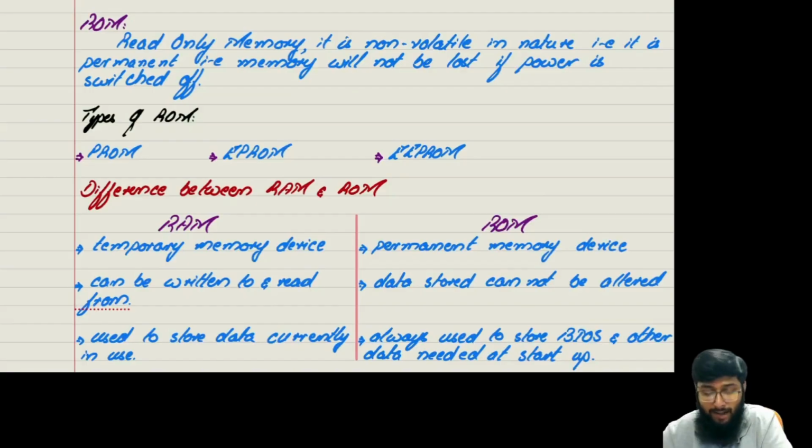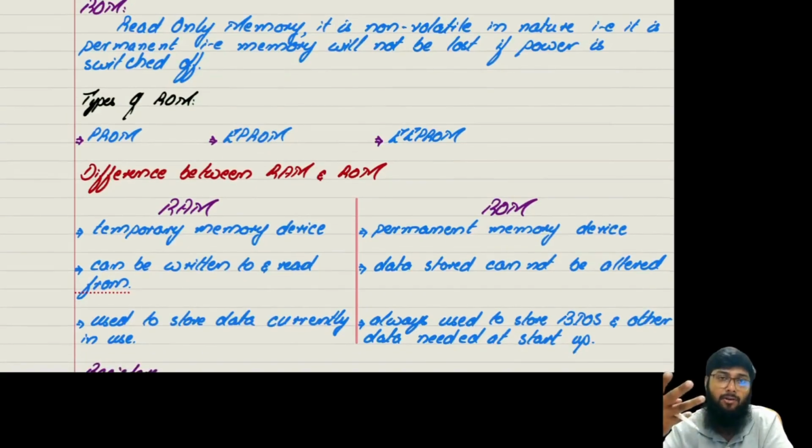Now when it comes to the types of ROM, we have three types: PROM, EPROM and EEPROM. It's not in the course outline, the details about PROM, EPROM and EEPROM.